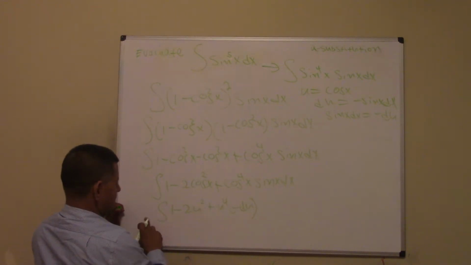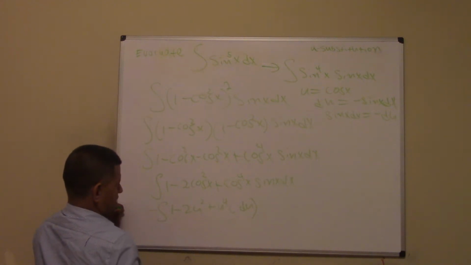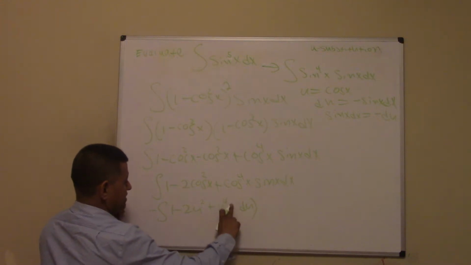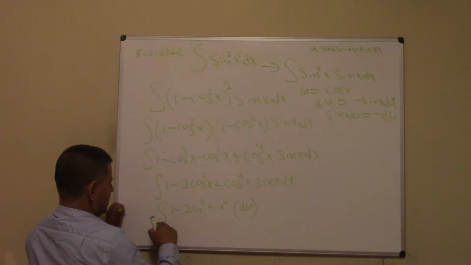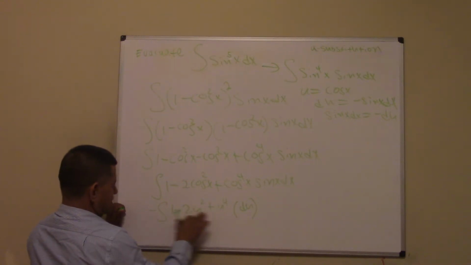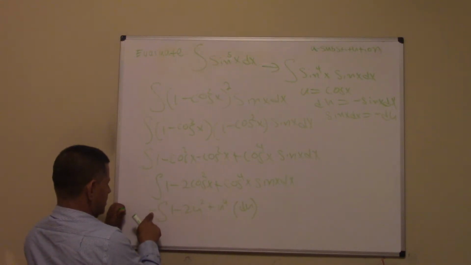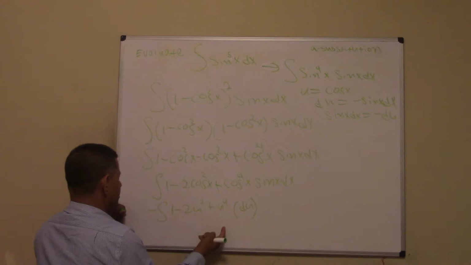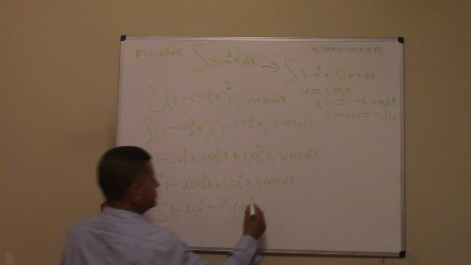But then this negative 1 can come out at the front, and I get this integral here, just the negative sign gets pulled in front of the integral sign, okay?